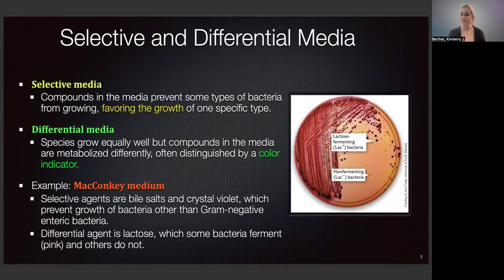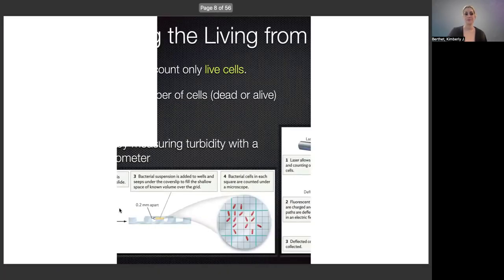Following that, we can differentiate between the two species of microorganisms there because we see one is fermenting lactose and one is not fermenting lactose. The one in pink is the one fermenting lactose. The off-white one is the one not fermenting lactose.